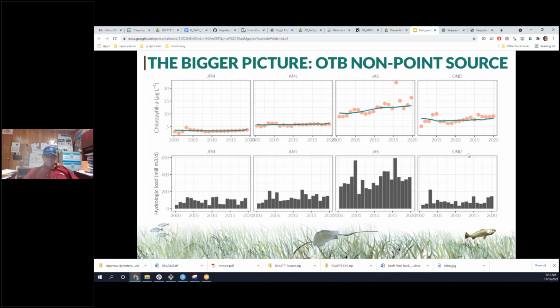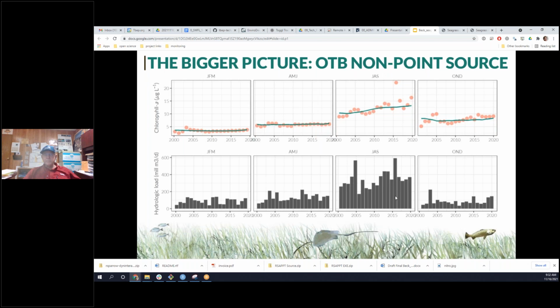Again, also focusing on Old Tampa Bay, there are also certain times of the year and certain events that I think we need to think about in terms of when we see elevated loads entering the system. This is actually a slide from a presentation I gave last year to the Nitrogen Management Consortium, looking at chlorophyll trends by different seasonal parts of the year, January through December, and then looking at the long-term trends by season in chlorophyll and how those track hydrologic loads into the system.